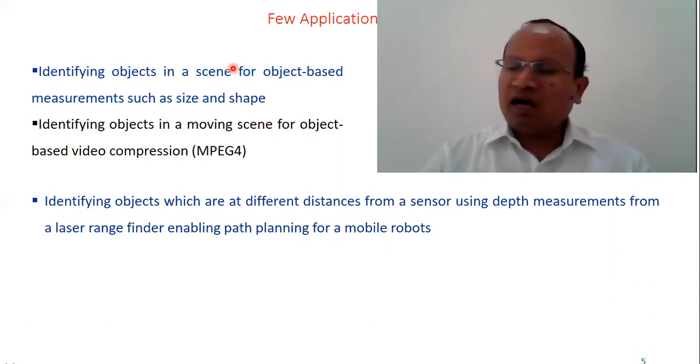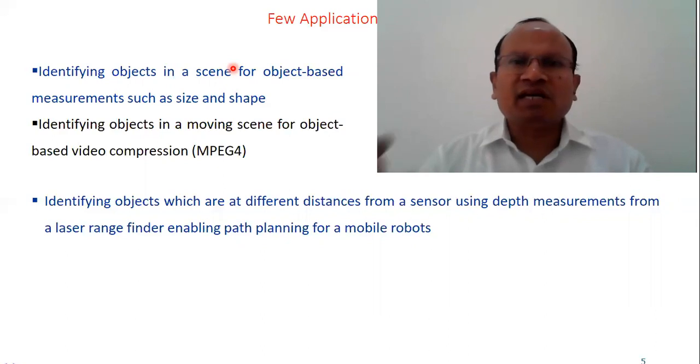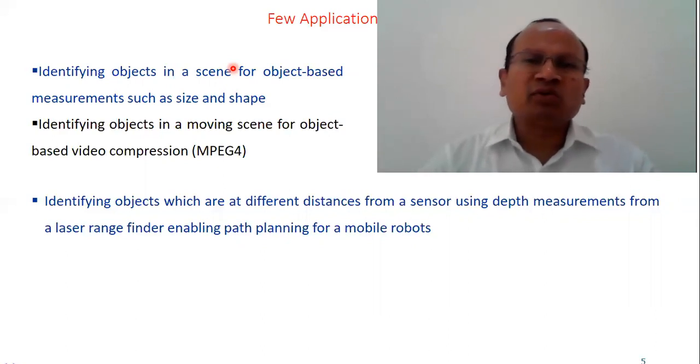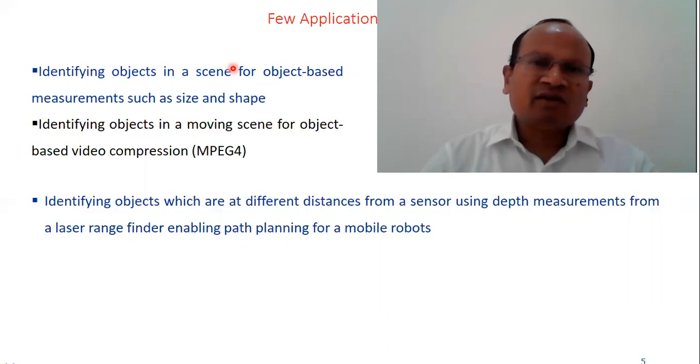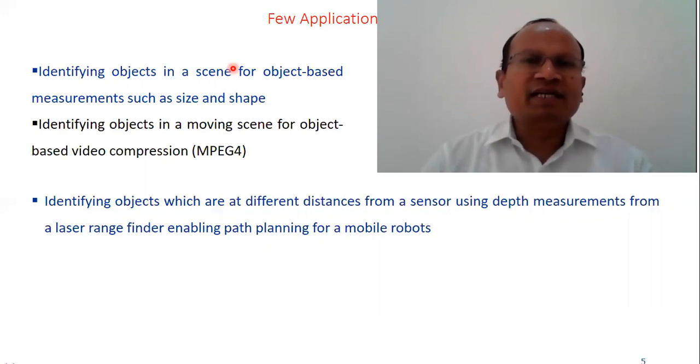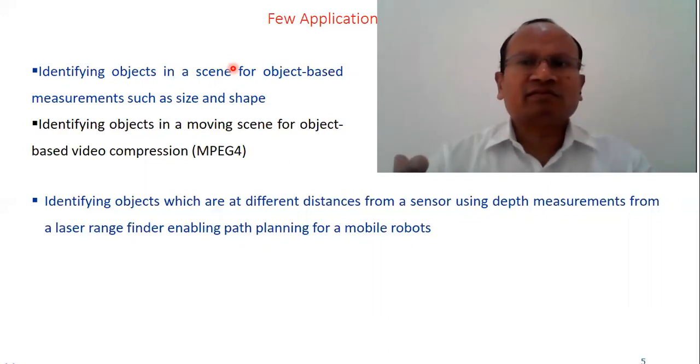Say we are interested to determine the size of a tumor. If there is a tumor inside a medical image, what is the size we want to estimate? What is the structure or shape of the tumor or abnormality inside the X-ray, CT or MRI? We want to know. So we can identify the objects based on the dimension.